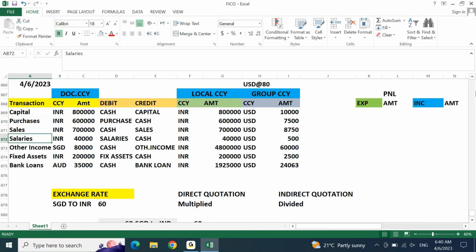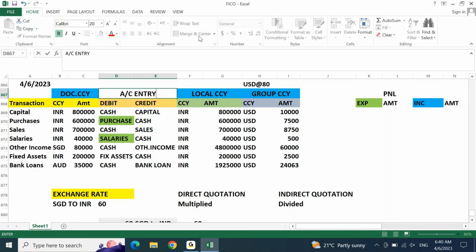Okay, where are our expenses? This is your expense. From the accounting entries, let us identify. Income, let us highlight with blue color.